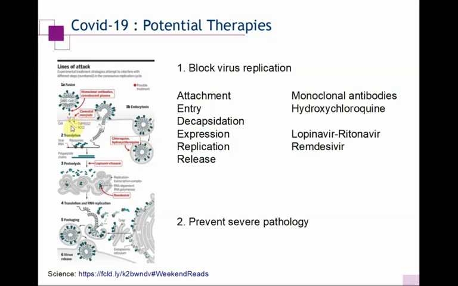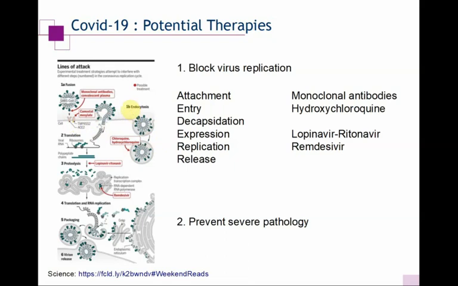So in some cell types which express TMPRSS2, the infectious entry doesn't seem to require endocytosis. So that might be one reason why hydroxychloroquine doesn't work very well actually in patients.